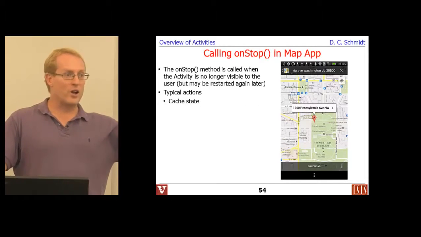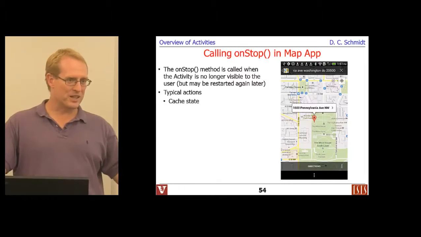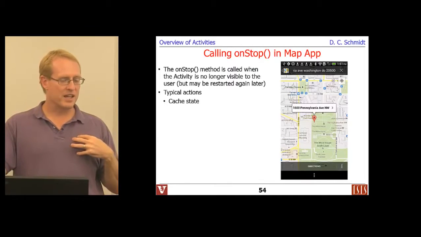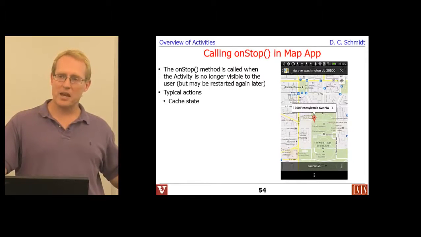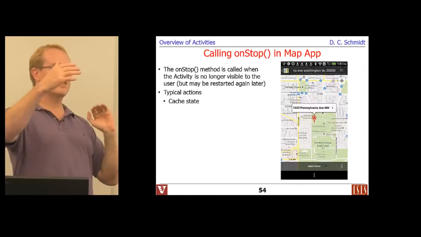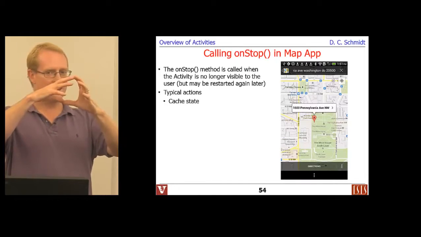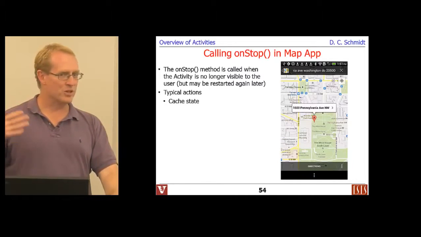If you're actually going to go away altogether, if your display is going to be completely occluded or completely blocked by another activity, then the onStop method is called on the previous activity. And the idea there typically is to cast away any state that you may need, so that when the activity that's blocking you goes away, you can go ahead and resume and restart or start what you're doing and have it look like it was when you left off.